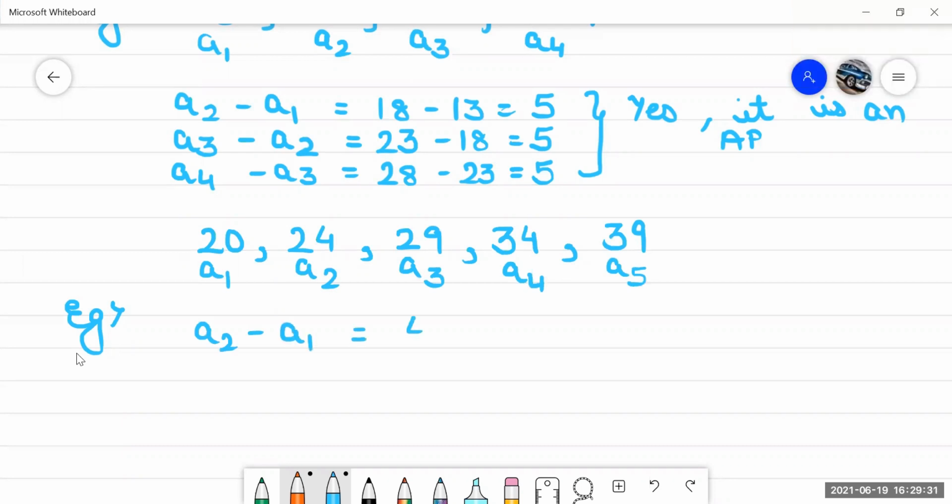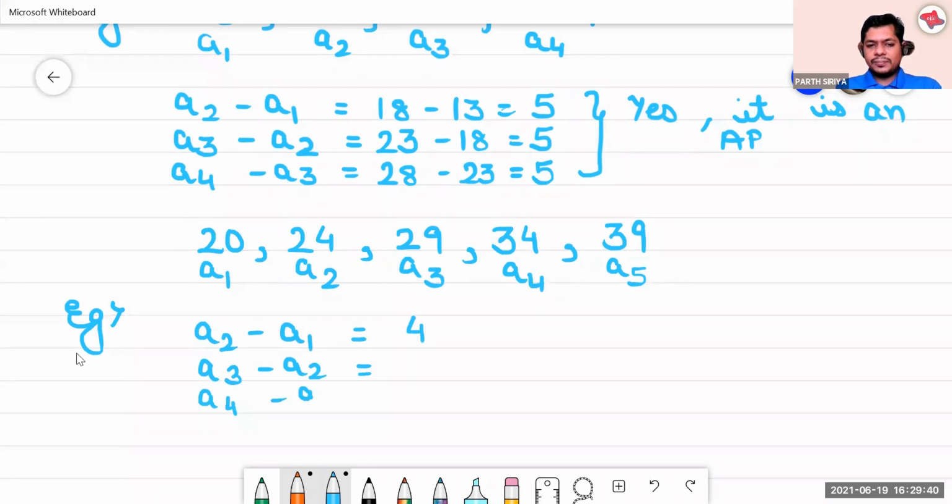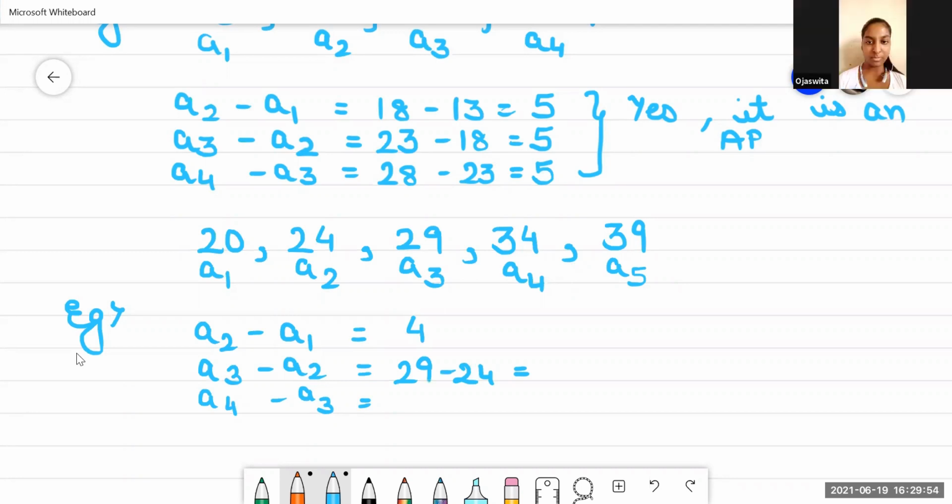4. 4. What about the next two numbers? Ojaswita? 29 minus 24. Subtract that.